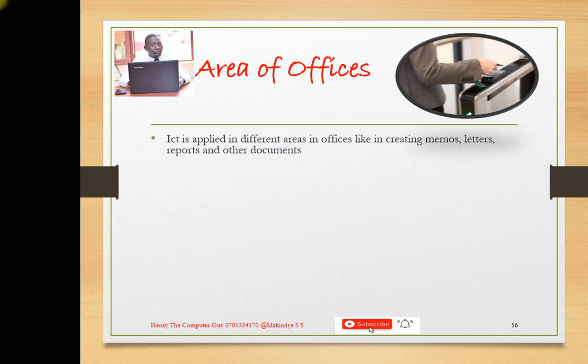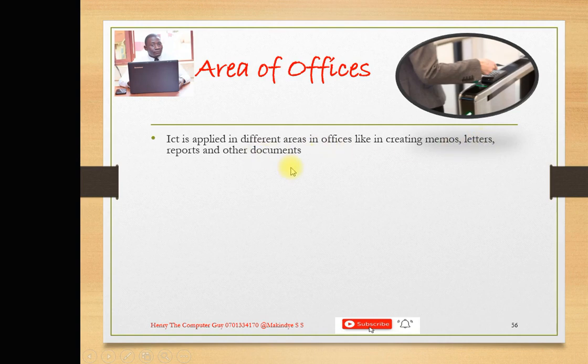So point 1 tells us that ICT is applied in different areas in offices, like in creating of memos, letters, reports, and other documents. You have a document you want to write in your office, you can use a computer. You have some information you want to tell your workers in an organization, you can write a memo. You need to write some letters to other companies, you can write those letters using a computer.